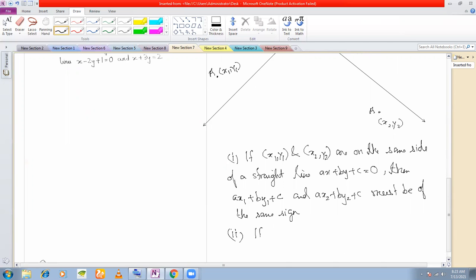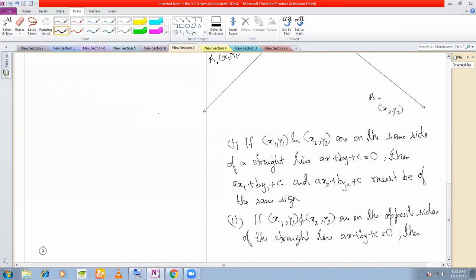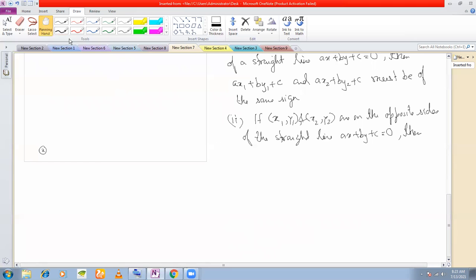Okay, if x1 y1 and x2 y2 are on the opposite sides of the straight line ax plus by plus c is equal to 0, then ax1 plus by1 plus c and ax2 plus by2 plus c must be of opposite signs.